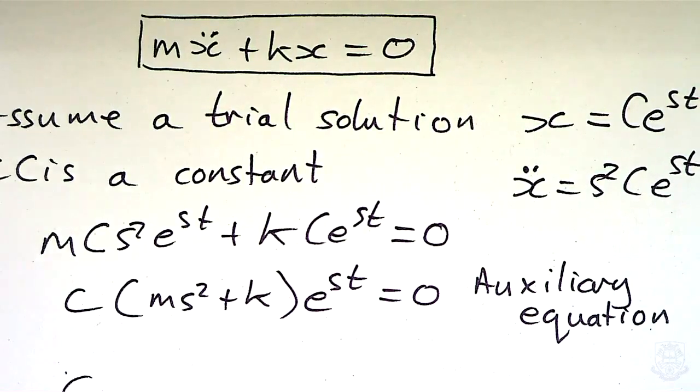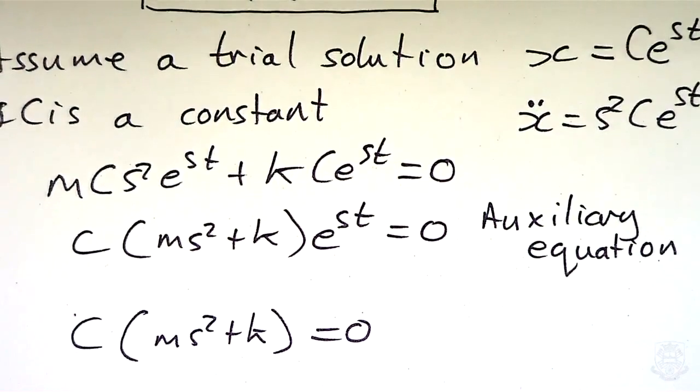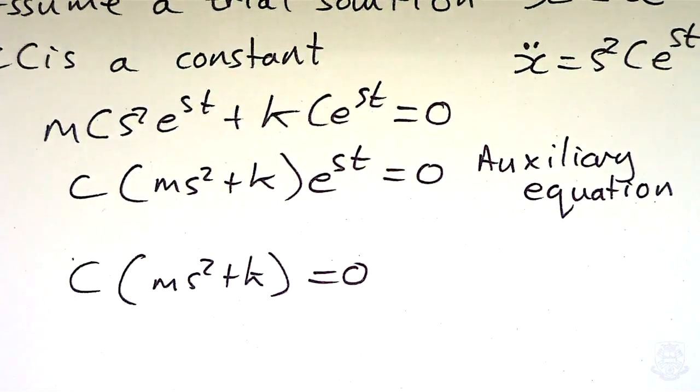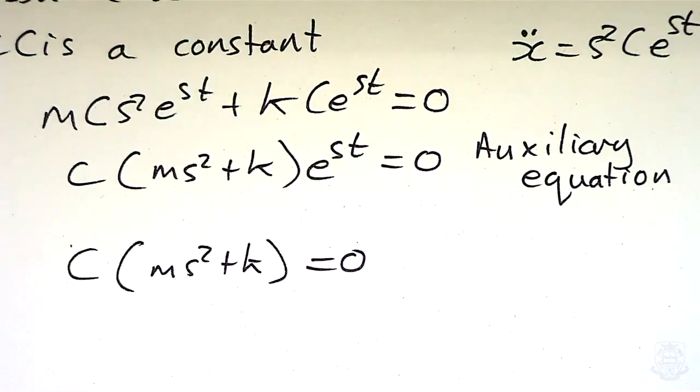So this is equivalent to saying that essentially c times (m s squared plus k) equals 0. So the time-independent part is this. To satisfy this equation, we've got two choices: either the constant c is 0, or the bracket is 0.